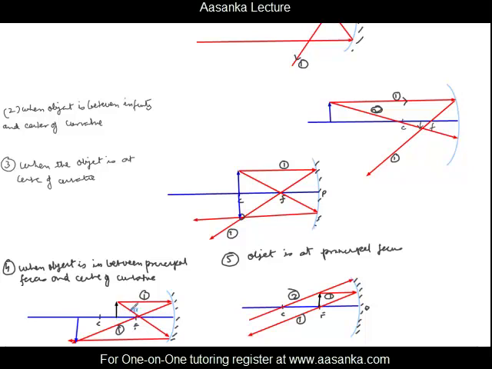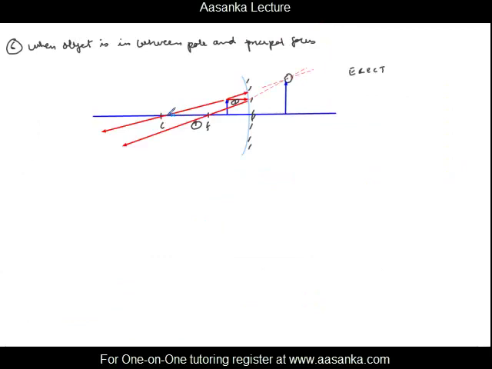Similarly here you have taken a ray passing through the focus and becoming parallel to the principal axis. Here again we have taken a ray which is going through the center of curvature and going on the same path.